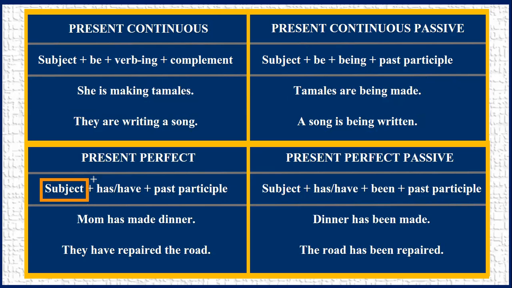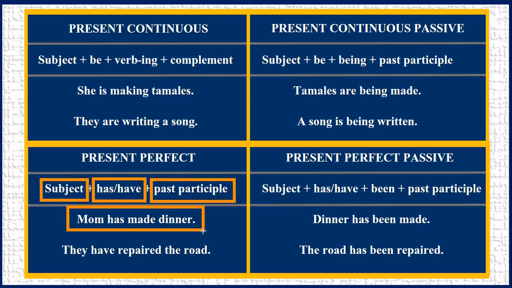Then we have auxiliary verbs, has for your third person, or have for your plurals, or first person. Yes? And we finish with a participle. That's it. Yes? Now, we have mom has made dinner. Yes? We don't know when the action started, but the action is not finished yet.